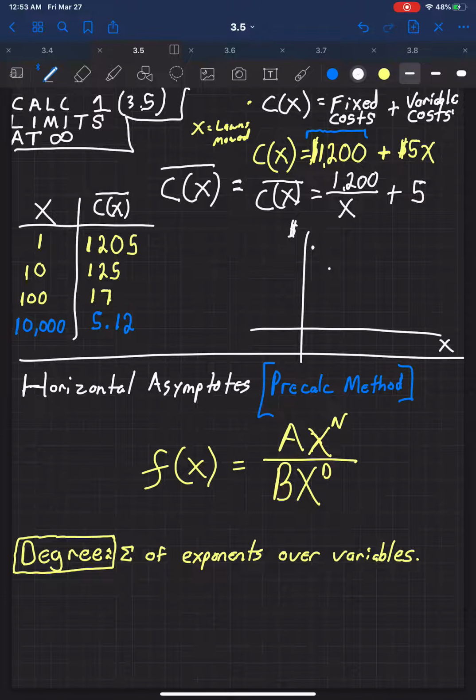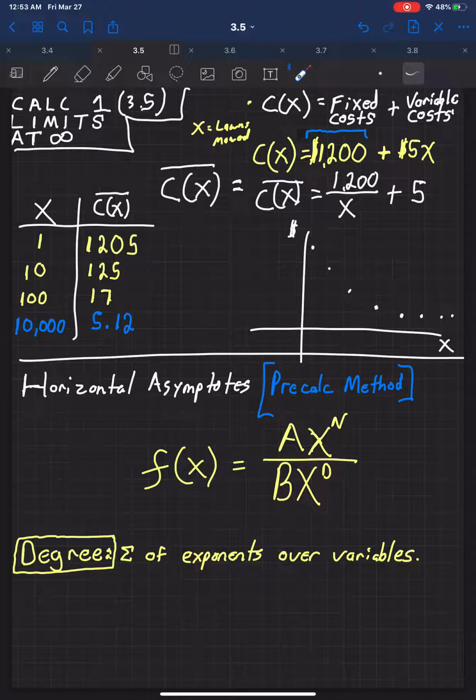But as the number of X values starts to increase, what you notice is your average costs are starting to fall. The question that I had, though, was whether this is going to fall to 0.